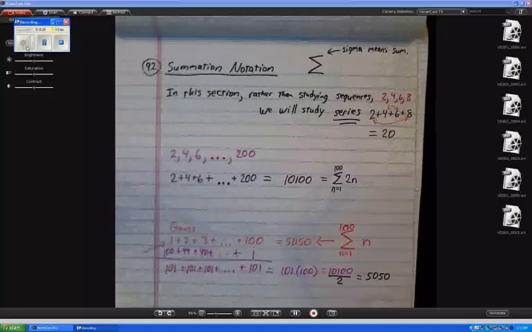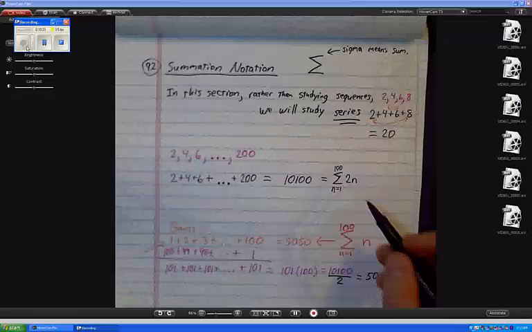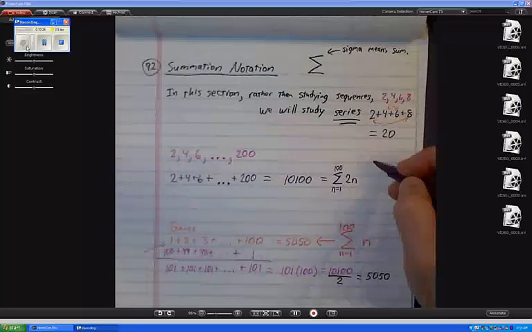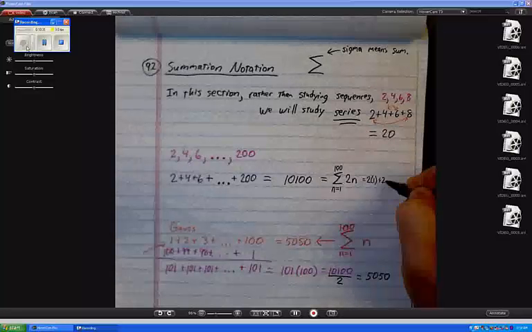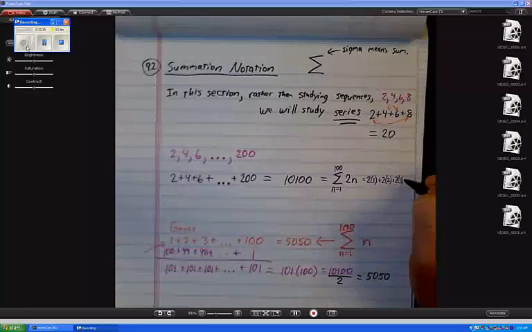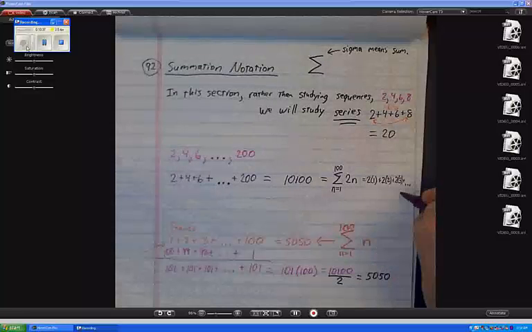Does that make sense to you guys? So what's the first term? Well, for the first term, it's 2 times 1. The next term is 2 times 2. The next term is 2 times 3, up to, what's the last term? 2 times 100, and that's the 200.